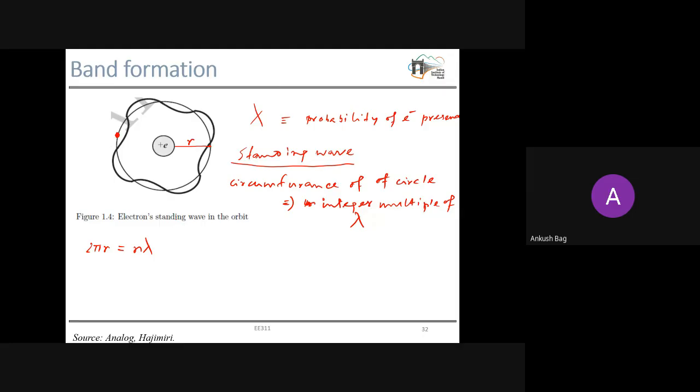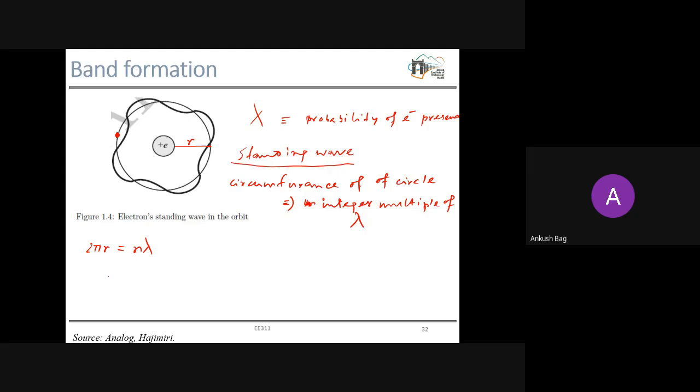Remember, I think you also know that an electron cannot just take any orbit to roam around your nucleus. So this is again the condition that it needs to satisfy. This is called the condition for a sustainable orbit, where 2 pi r equals n lambda. So these are the allowed paths for your electrons to roam around the nucleus.